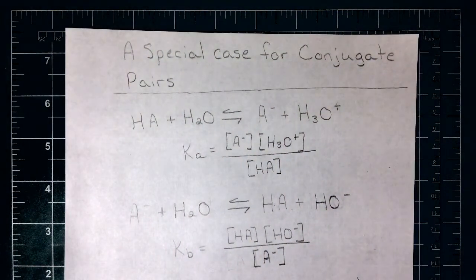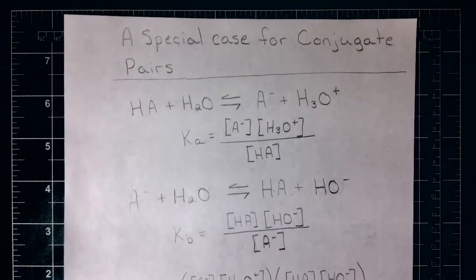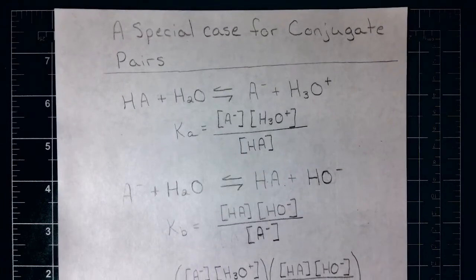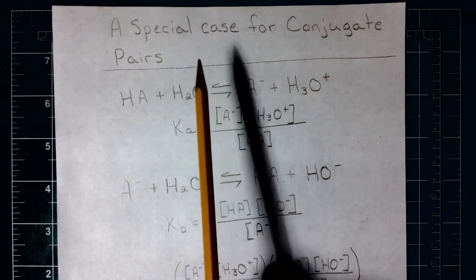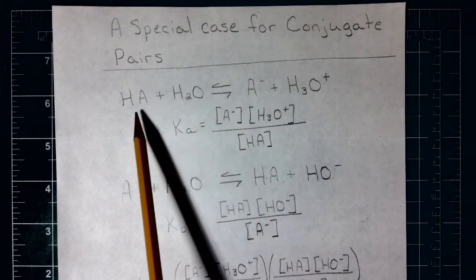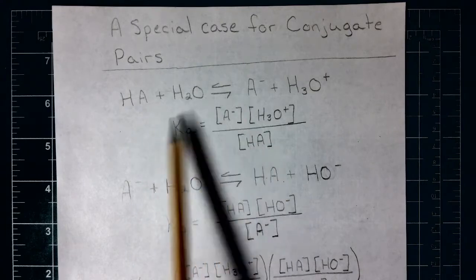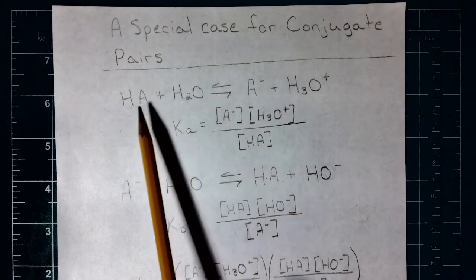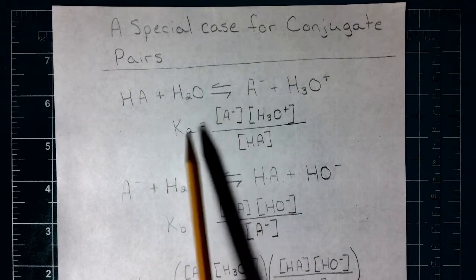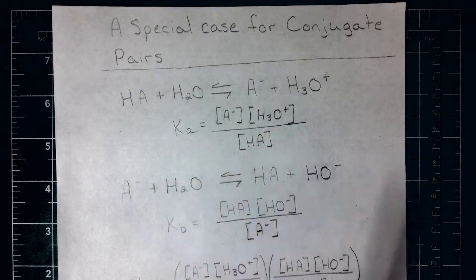One of the interesting things that we can do with Kas and Kbs is take a look at the special case of conjugate pairs. So an acid and its conjugate base. So if I write the equation like this, I have a generic acid, I get this Ka.